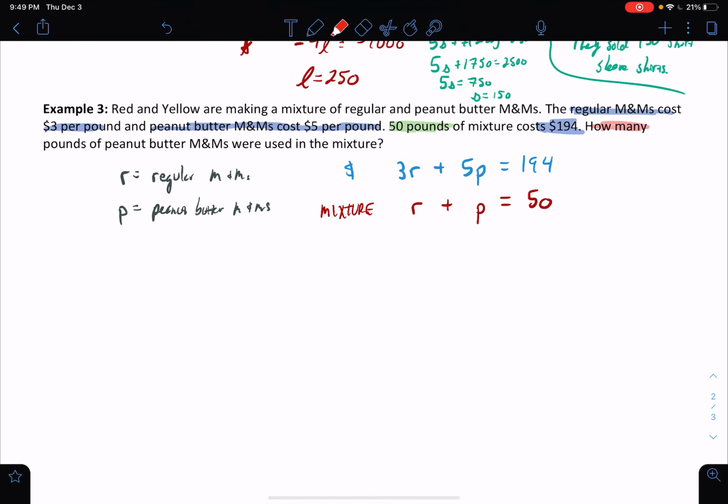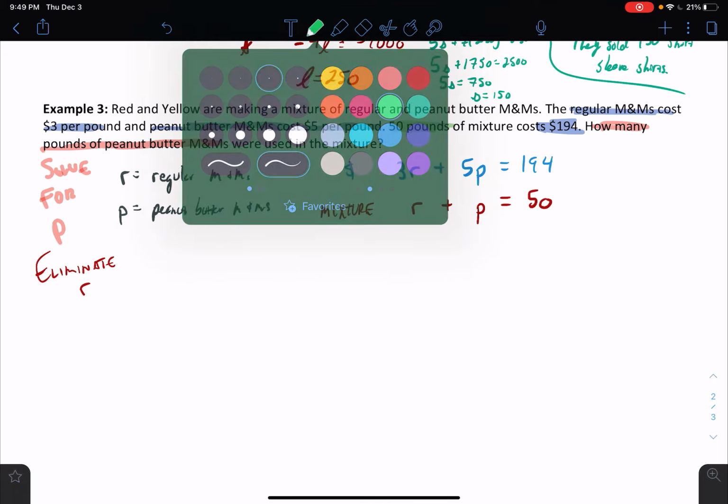We want to solve for how many pounds of peanut butter M&Ms. So we need to solve for P. Okay? I don't care about regular M&Ms. If we're just trying to solve for P, we should eliminate R. Okay, so how can I eliminate R?